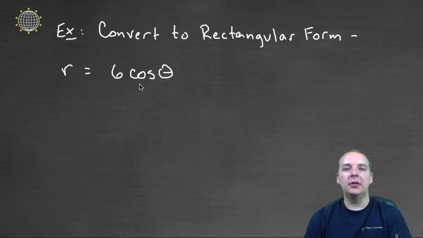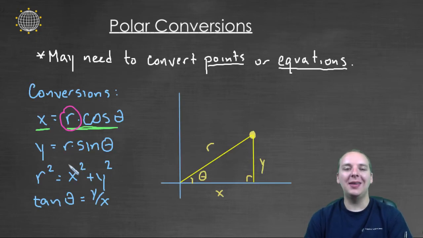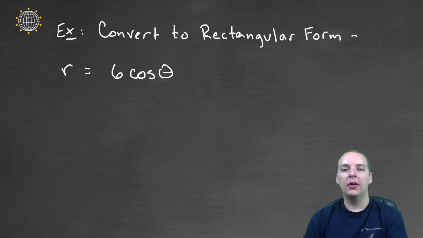Something else that concerns me a little bit is on the left hand side, I have an r, but if you look at your conversions, I don't have any conversion for just an r. I've got an r cosine theta, I've got an r sine theta, and I've got an r squared, but nothing that's just an r. So this r squared looks like the closest thing I have, but really it needs an extra r on this side too.